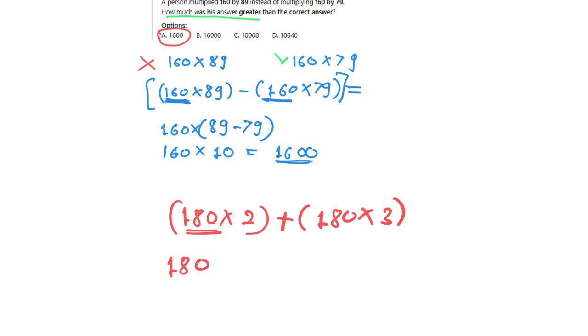Then the equation becomes simply 2 plus 3. We can use this property to make the equation easier to solve.